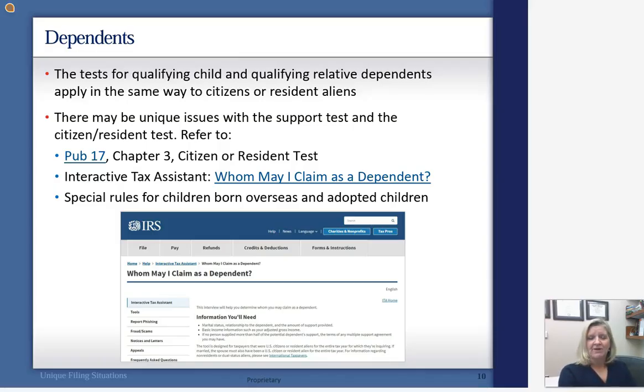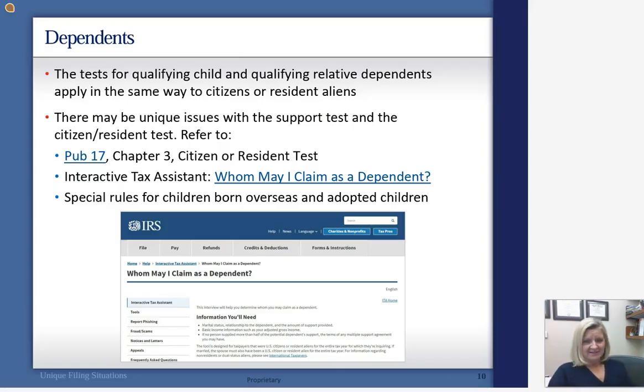Just remember that the rules for claiming a dependent on your tax return are different than the rules for who is your dependent on a visa.